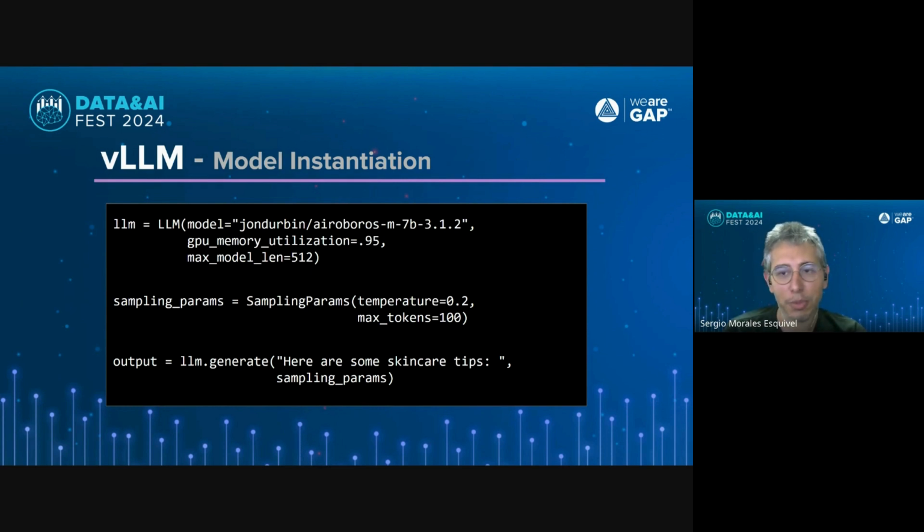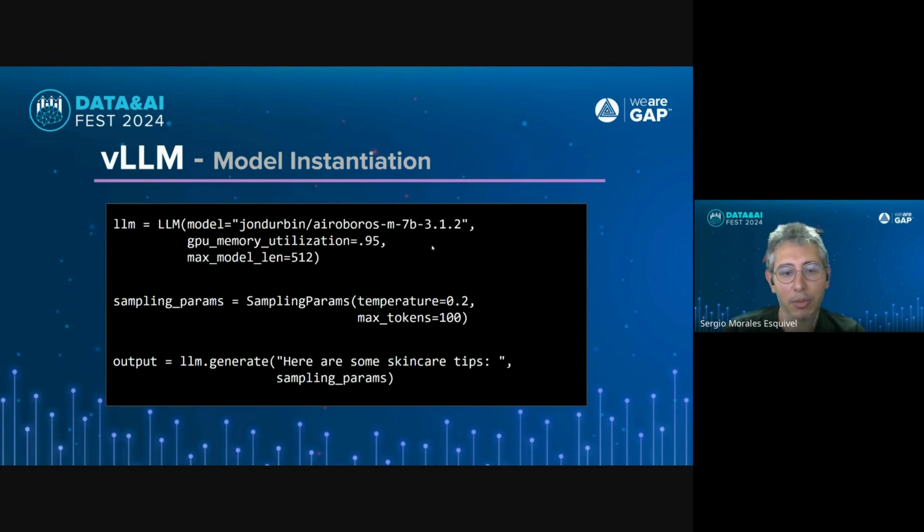It's one of the most popular models for content generation and text generation. I'm specifying here a GPU memory utilization threshold, and then a maximum model length, which is, again, a safeguard for the instance type that I'm using, the g5.4xlarge that I mentioned earlier.